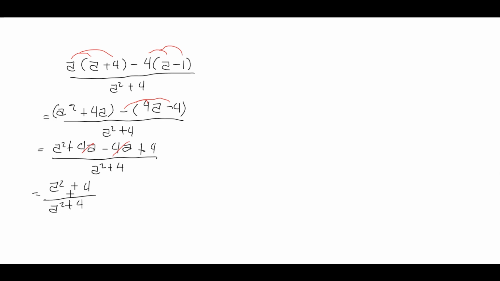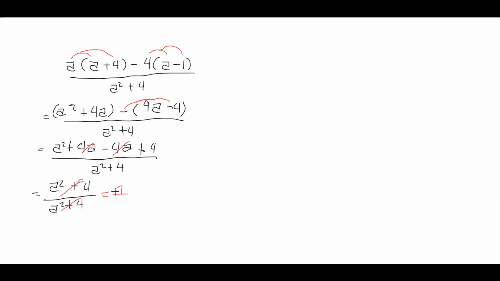Now, as you can see, the numerator and denominator are the same, so we can directly cancel out this term. Take note that dividing common terms will always get an answer of 1.